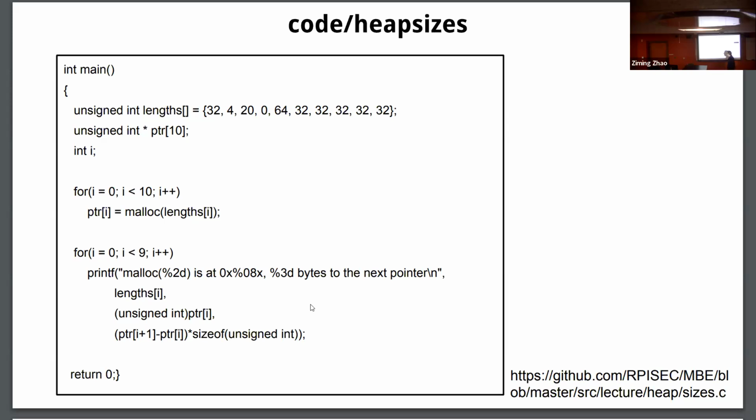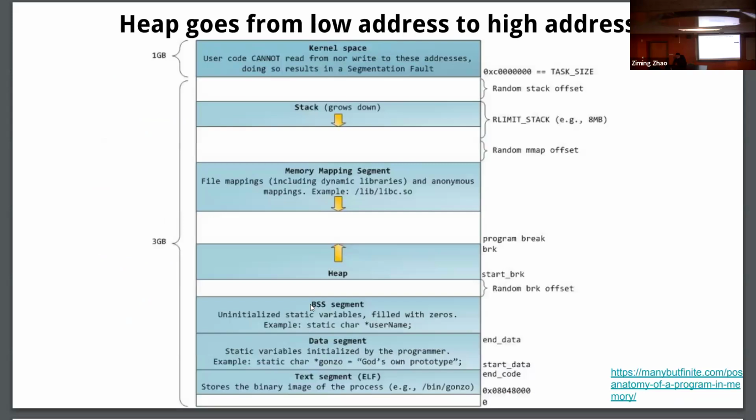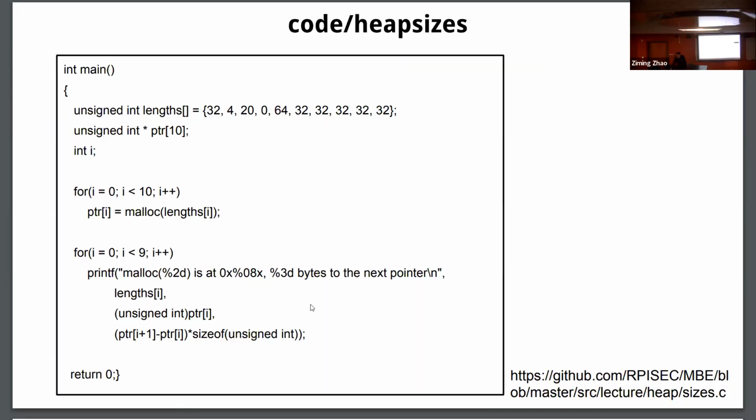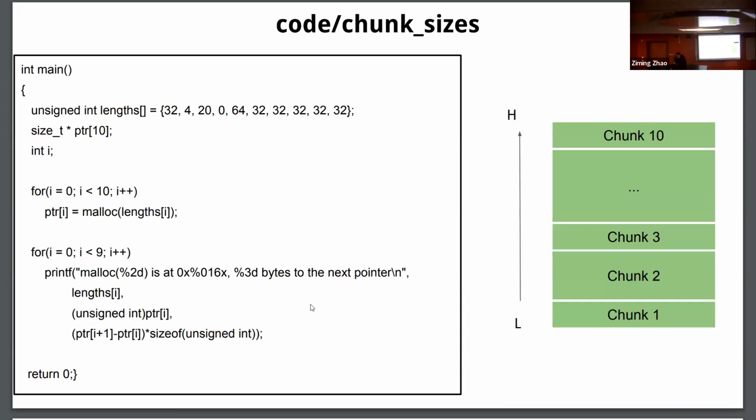Then we're going to say how big each malloc chunk is. Of course, this is related to 32-bit and 64-bit. Let's do 32-bit first. Oh, I forgot to change this one. Oh, this one is correct. It's actually the same code. I just changed the printout a little bit.